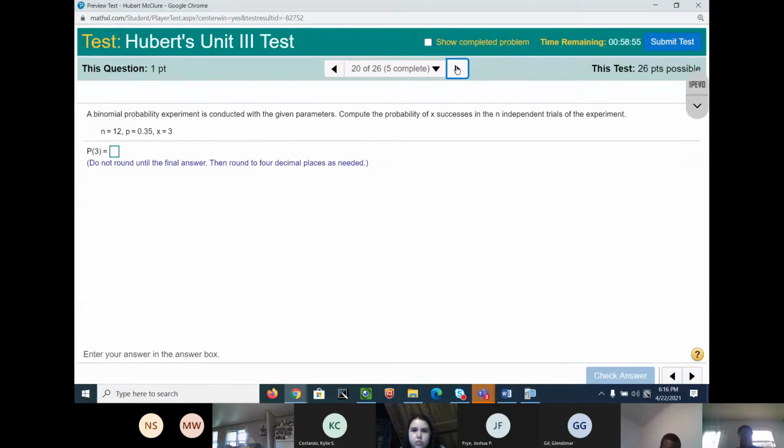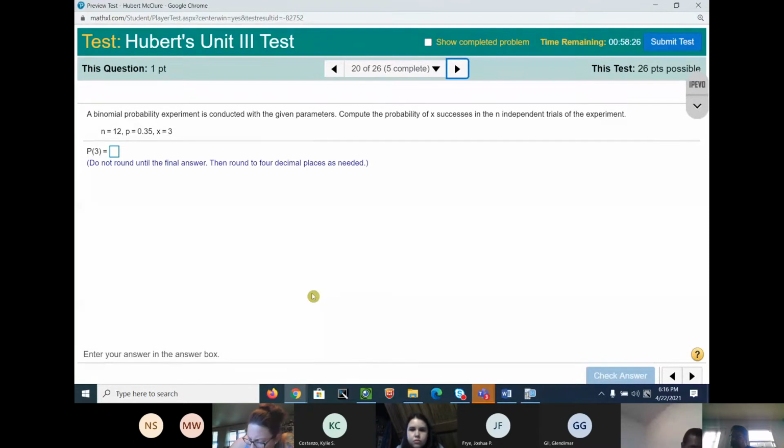Okay, this is precise. Why is it precise? Why isn't it cumulative? Why isn't this one cumulative? Yeah, parameters, because it's equal to.